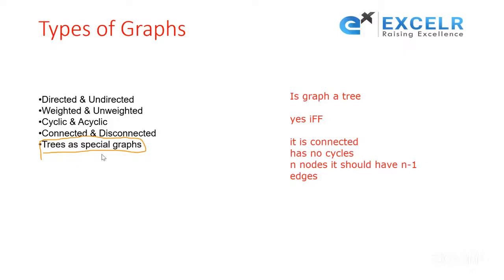We can say trees are special graphs, or a graph is also a tree when these conditions are met. If you have any questions regarding trees and graphs, you can ask.